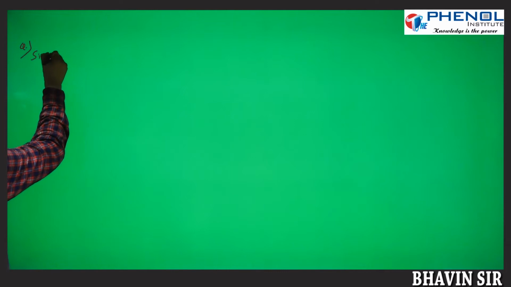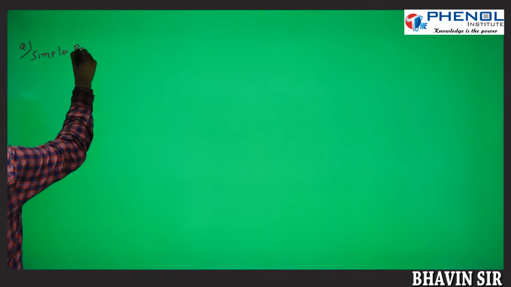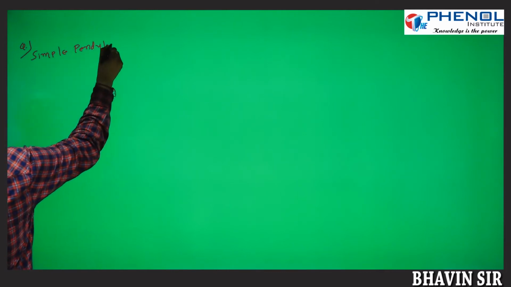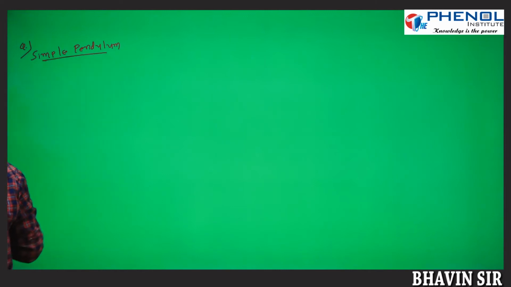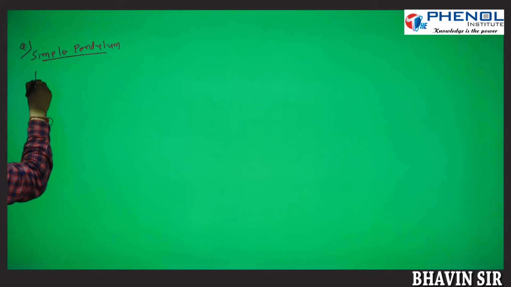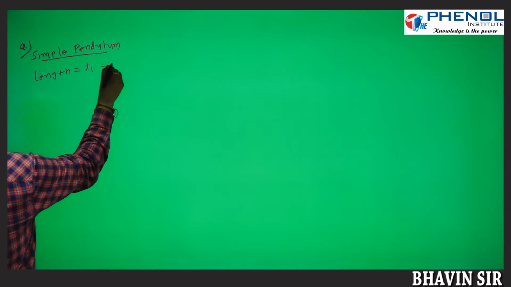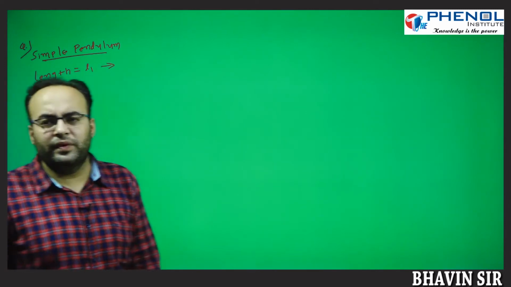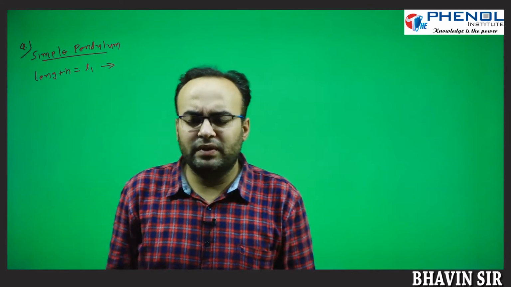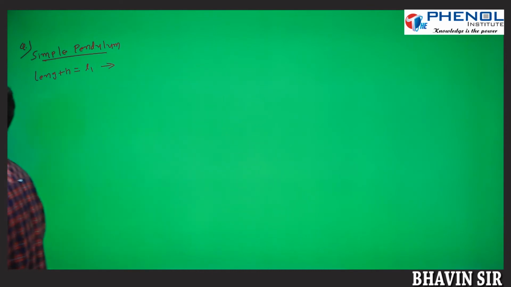Chalo. See, what is the next question for a simple pendulum? For a simple pendulum, when the length is L1, the time period is 4 seconds.